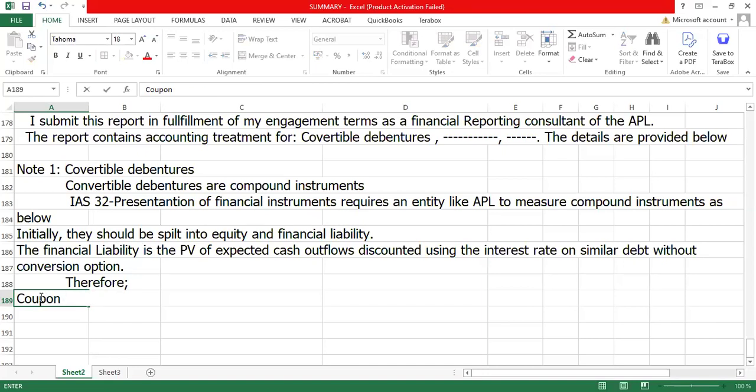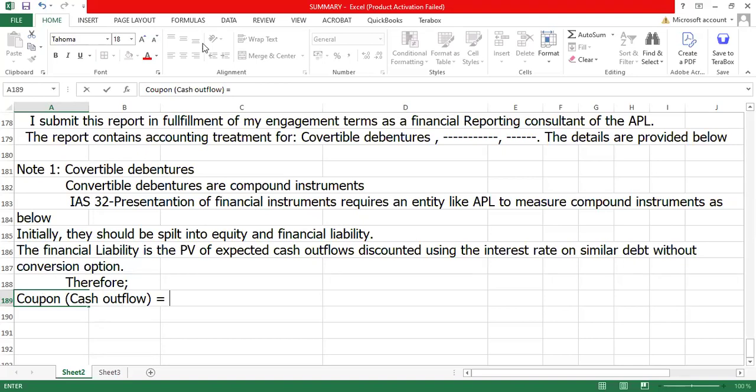This coupon is like coupon interest, like interest income or interest cost. And since you're dealing with the liability, this is like the cash outflow. If you're dealing with the financial assets, that is cash inflow.